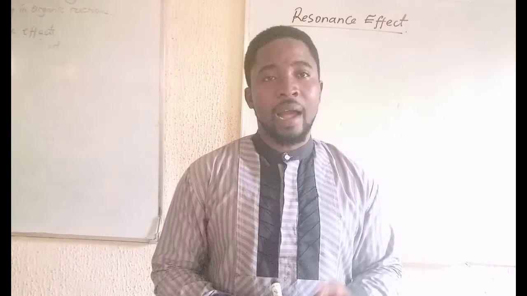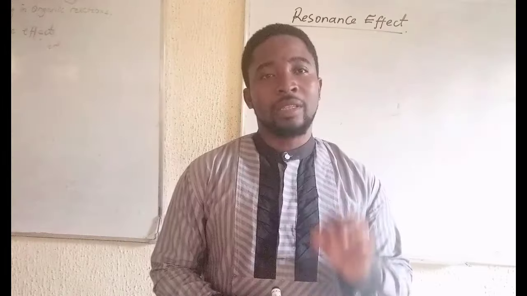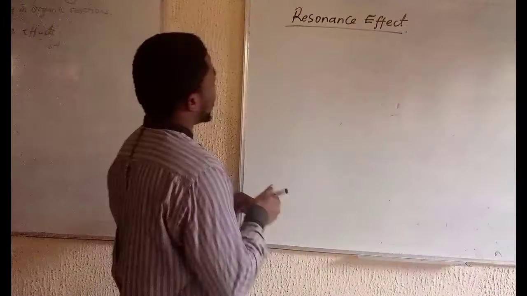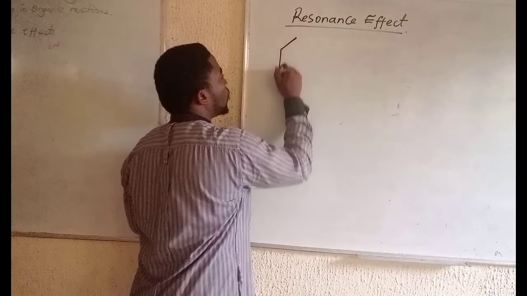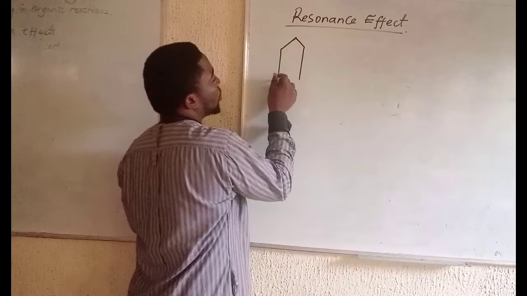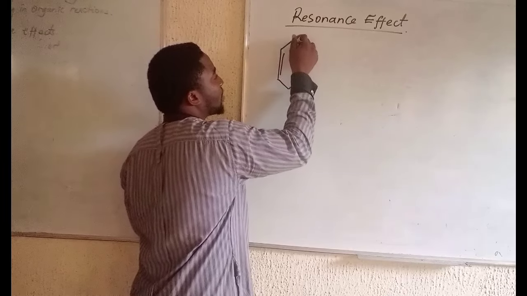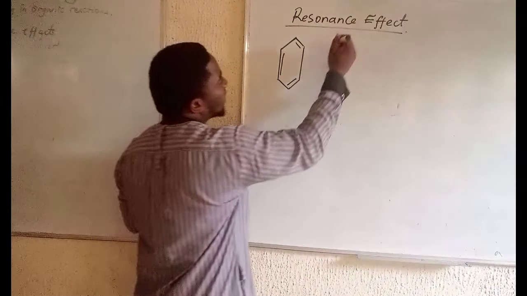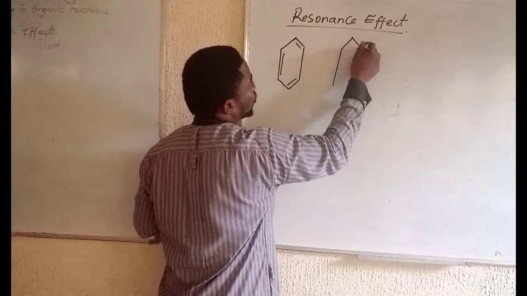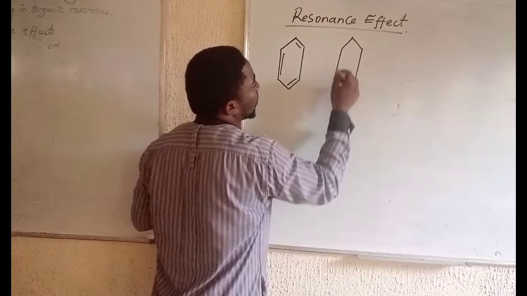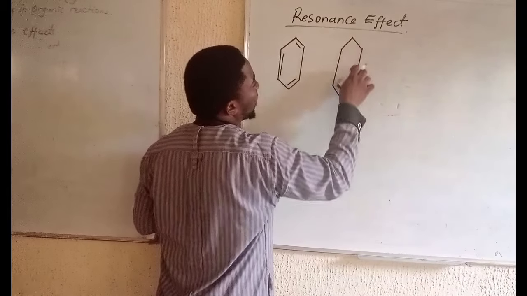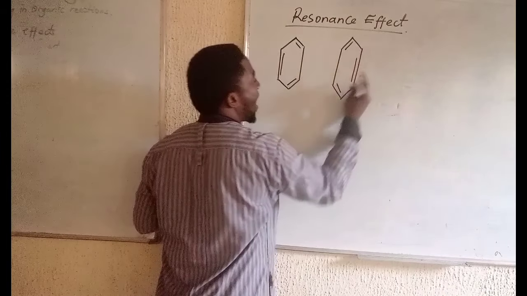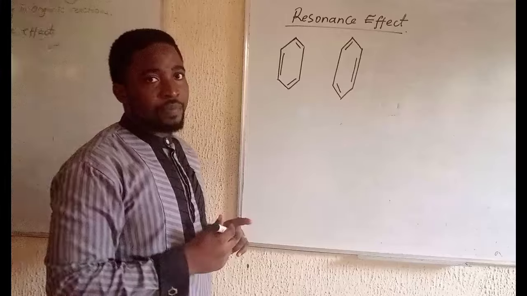Remember that benzene has two canonical structures that do not actually represent the true molecule of benzene. I'm going to show you how those two canonical structures look. So this is the first canonical structure of benzene with the pi bonds at alternate positions. And then we also have another canonical structure of benzene with the pi bonds at these other alternate positions.